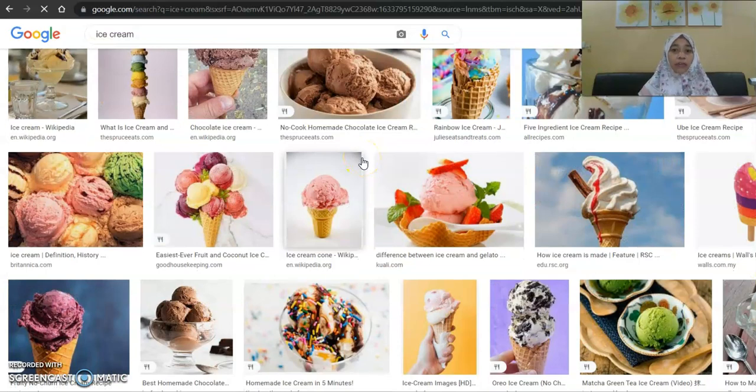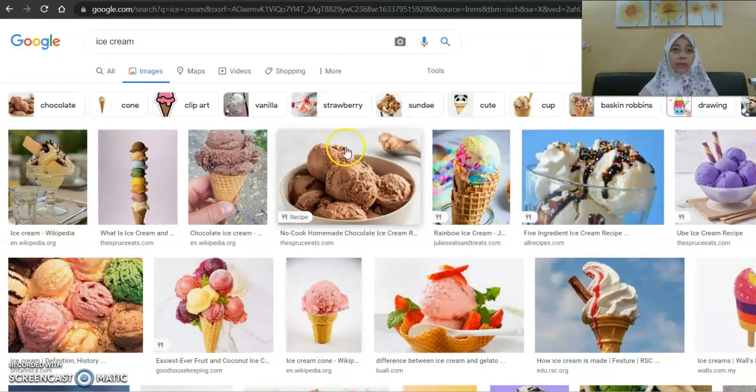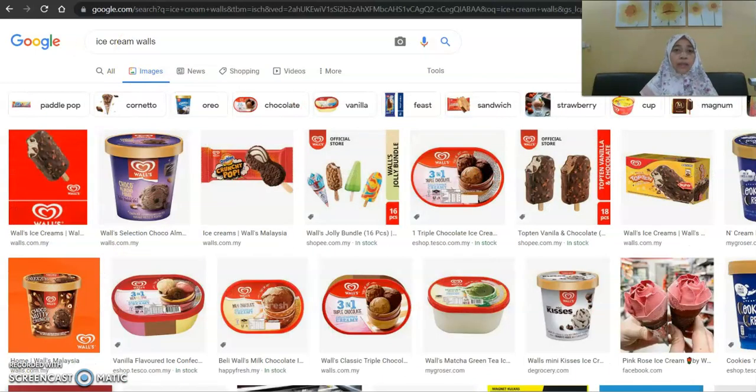It's just to give you an example. Regardless of what type of ice cream, for example Walls ice cream, you can have identical output.